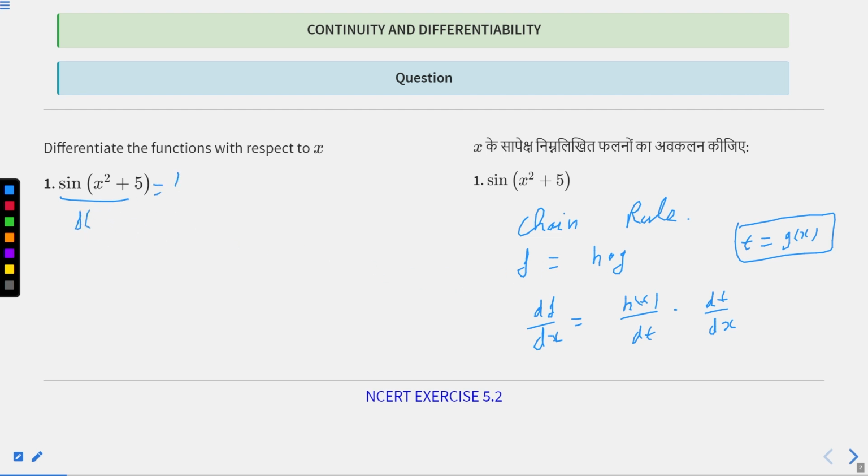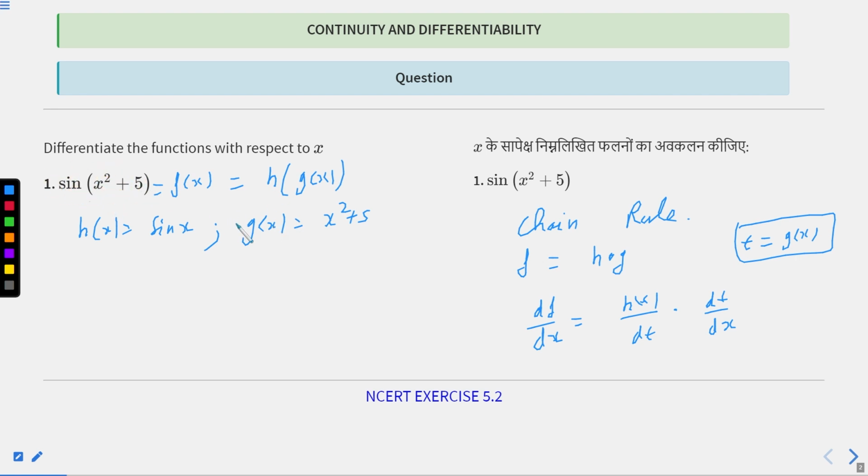So here fx is this, which I'm taking as h composition gx. Now hx will be my sin x and gx will be the inside thing. You can always take the inside as gx and the outside function as hx.